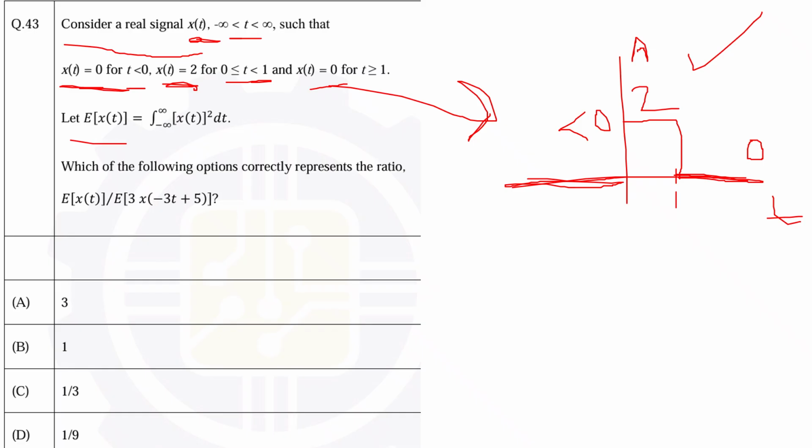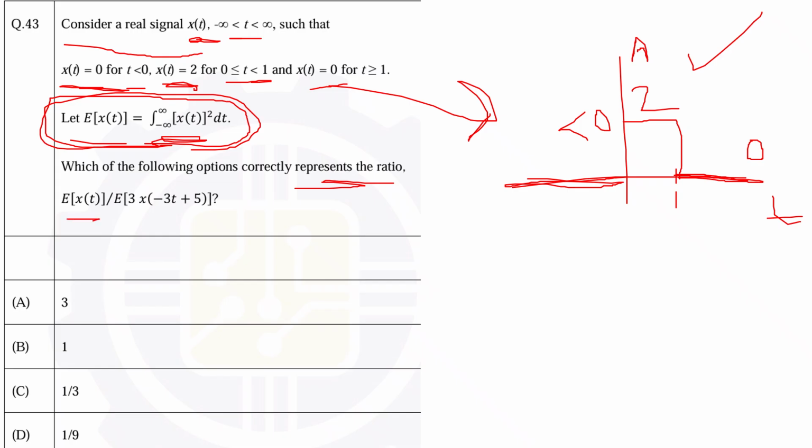Now let E_x be the energy, that is the integral from minus infinity to infinity of |x(t)|² dt. This is just a formula which can be used to calculate the energy of any signal. Which of the following options correctly represents the ratio of the energy of x(t) divided by the energy of 3x(-3t+5)?